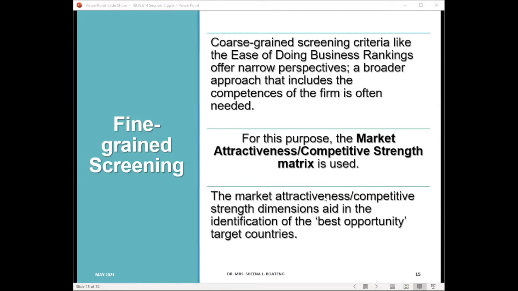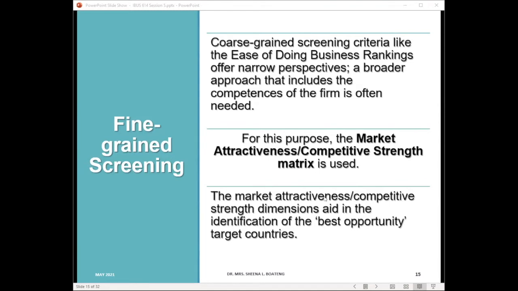But to get to the nitty-gritty of which of these markets is really going to be a source of competitive advantage for us alongside competitors in that market, we need to go more in depth and look at our internal situation as an organization and compare our competencies with our resources, what position that puts us in respect of the various segments we have identified, and how well we will or will not be able to serve them.